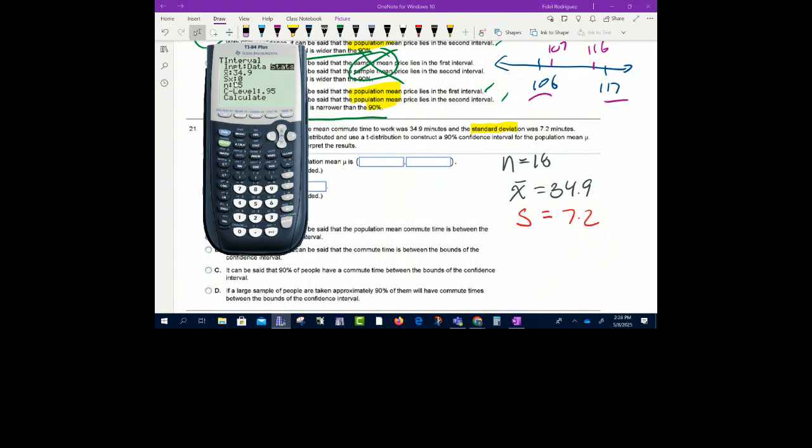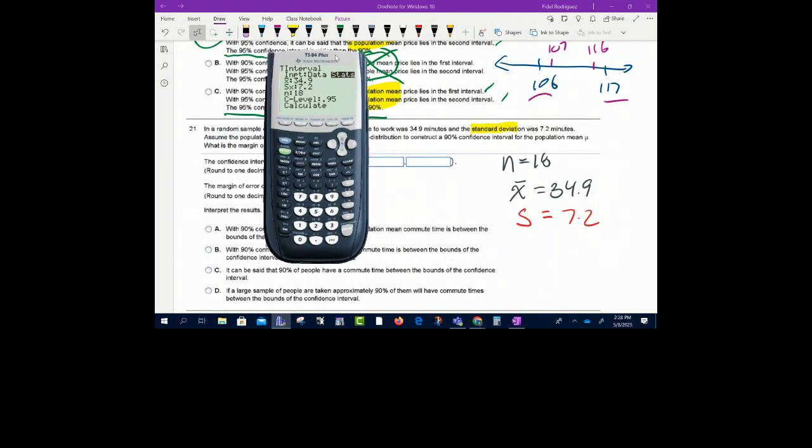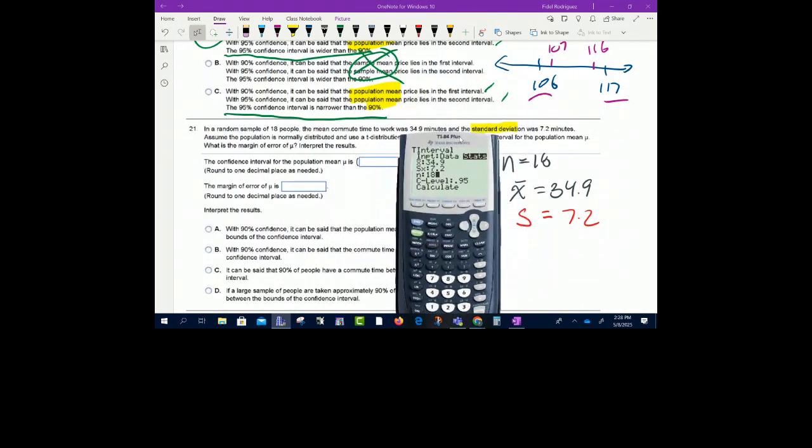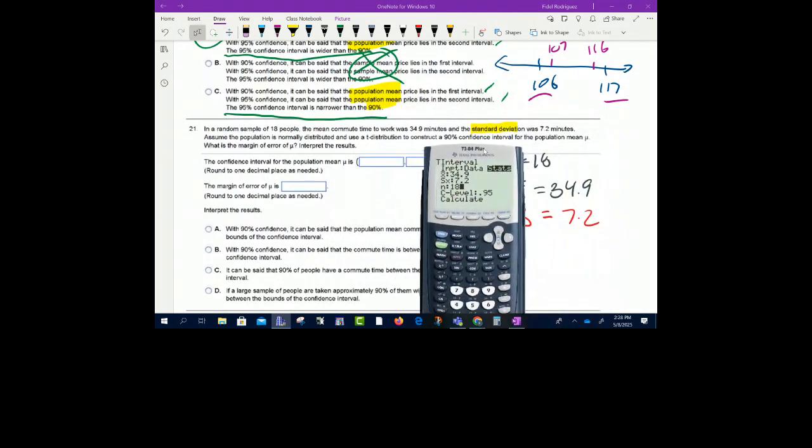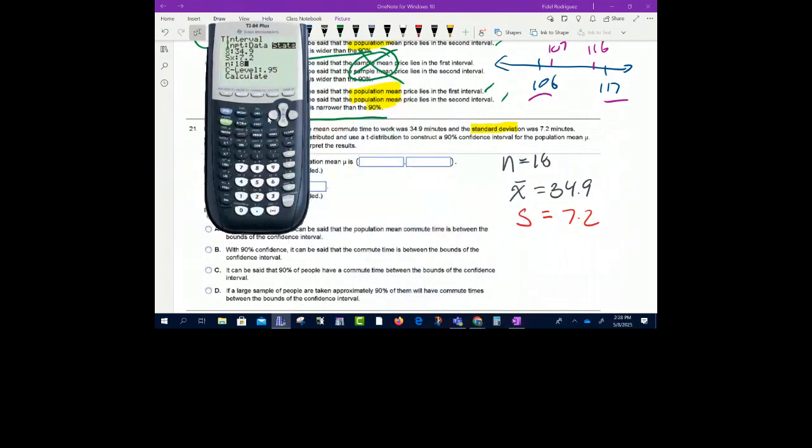The next thing it's asking for is my S. We wrote that down so that it's going to be easy for us to do. Our N, since we wrote that down, I can just enter this in. And we're looking for a confidence interval of what, 90%? So I'm going to scroll down here and I'm going to put 0.90 because that would be 90%. We're going to calculate it.